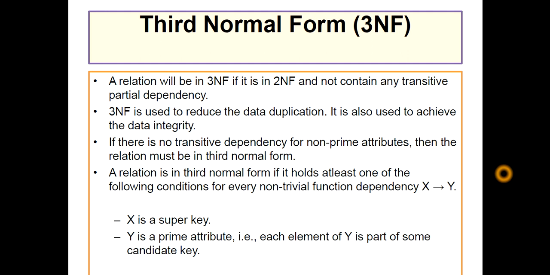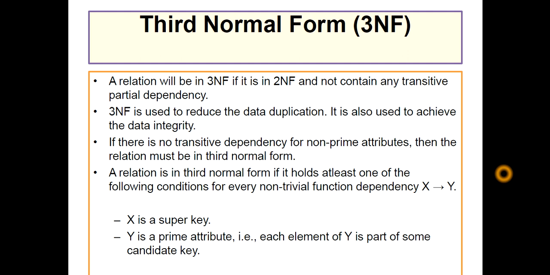Before that, I hope you have a clear concept on first normal form and second normal form. As far as the first normal form is concerned, you have seen that we try to follow atomicity there. And as far as the second normal form is concerned, we try to remove partial dependency there.